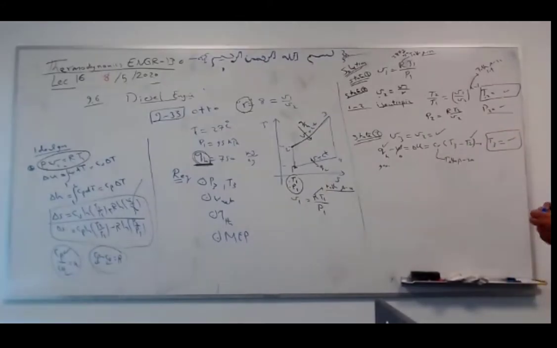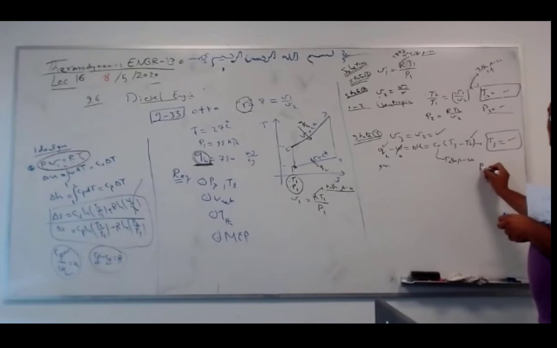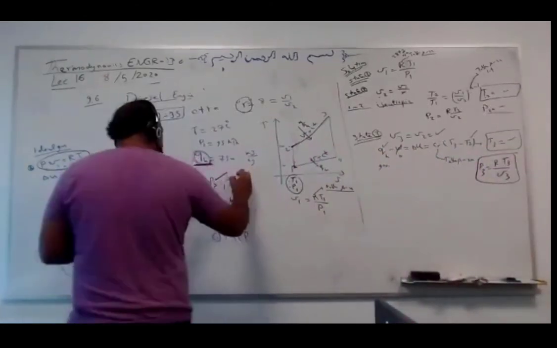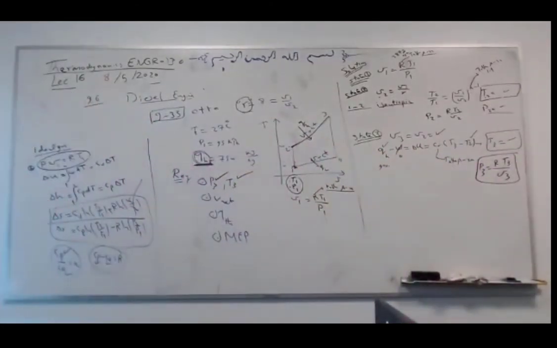Correct, guys? That's it. You have V3 and T3. You can get P3, for example. How? Ideal gas. Make sense?